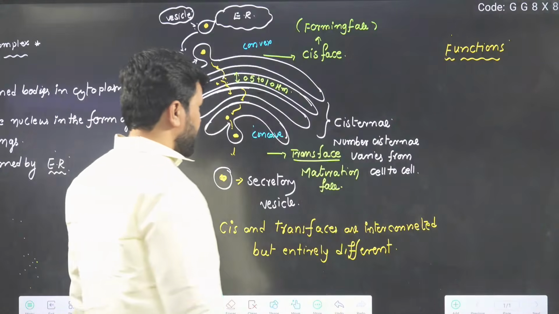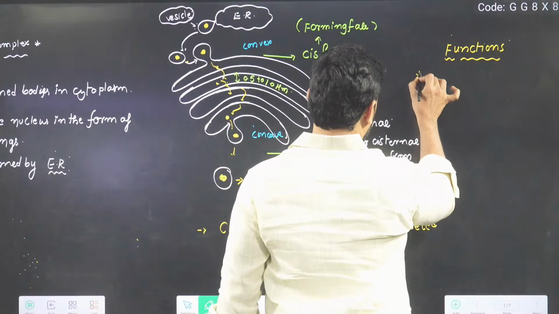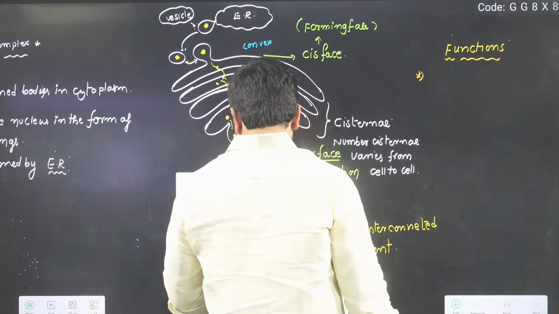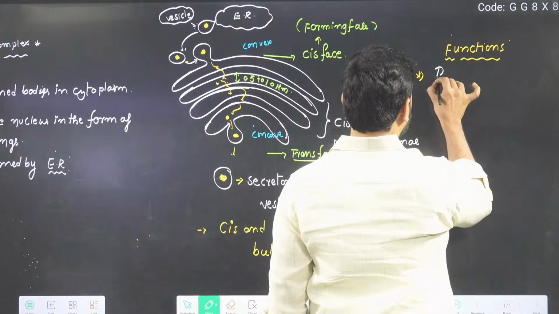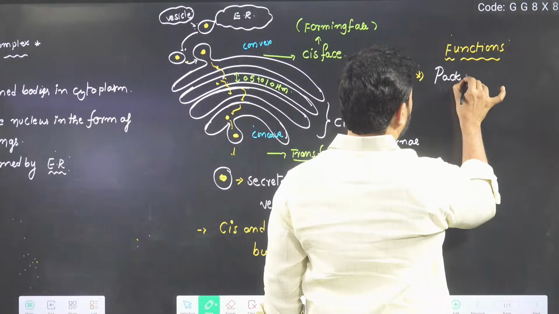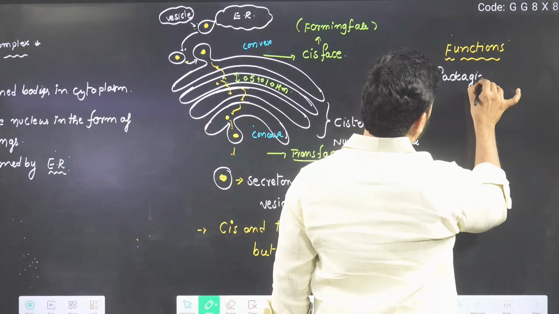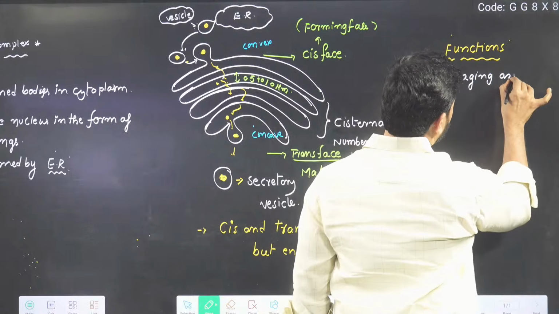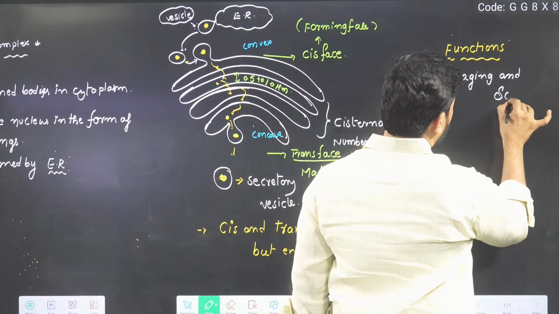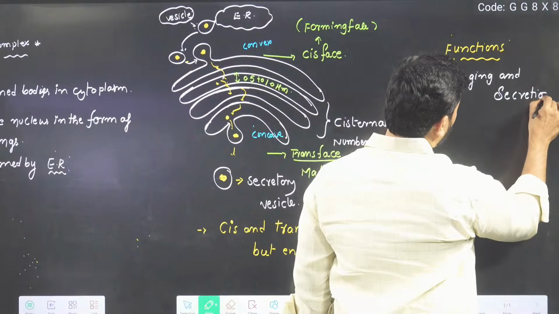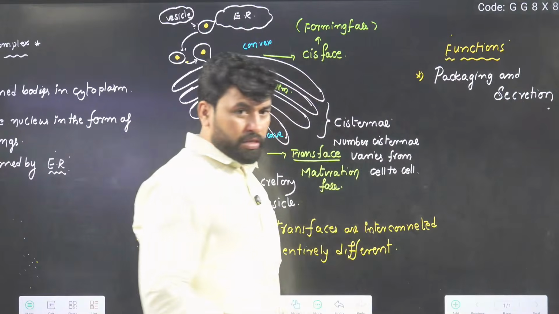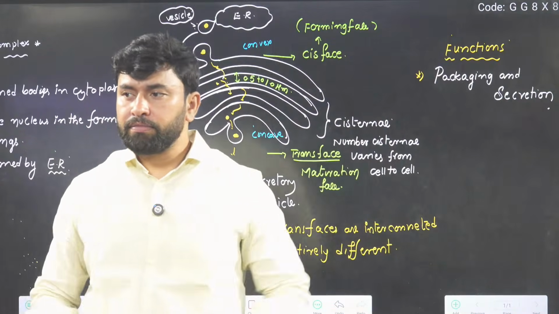So the first one, the main function the cell will assign to the Golgi complex, is packaging and secretion. Any material moving away from the cell should be properly packed.